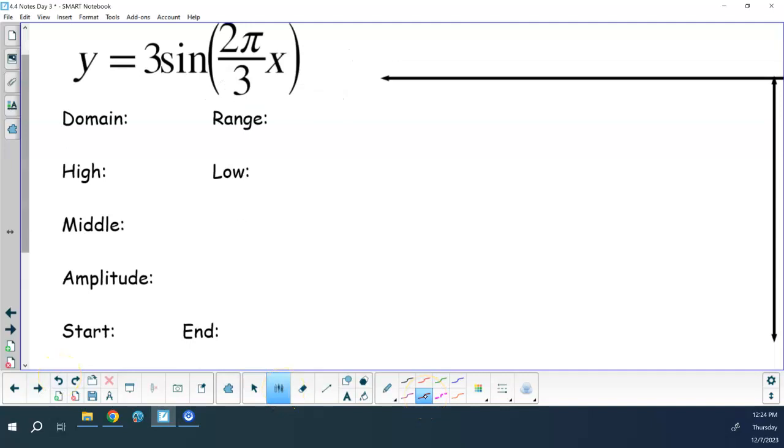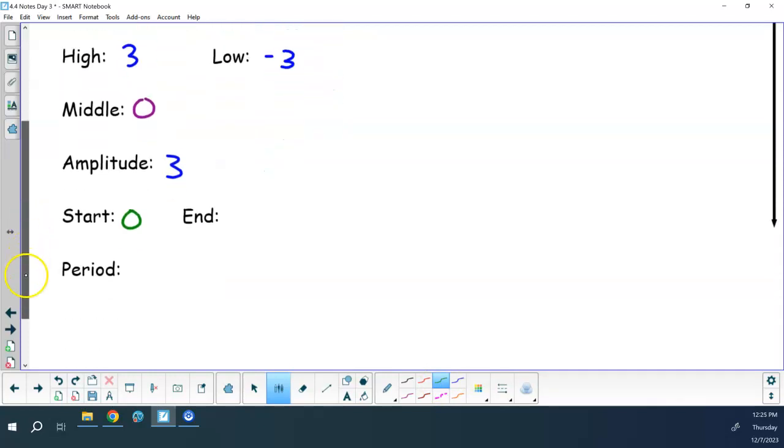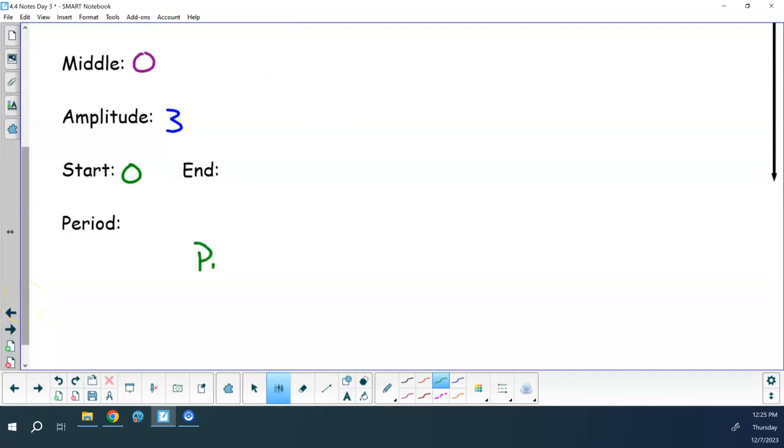Domain, all real numbers. Middle, 0. Amplitude, 3, which makes my high be 3 and my low be negative 3. I started at 0. Now I have to figure out my period. My b value is 2 pi over 3, so my period is 2 pi divided by 2 pi over 3.